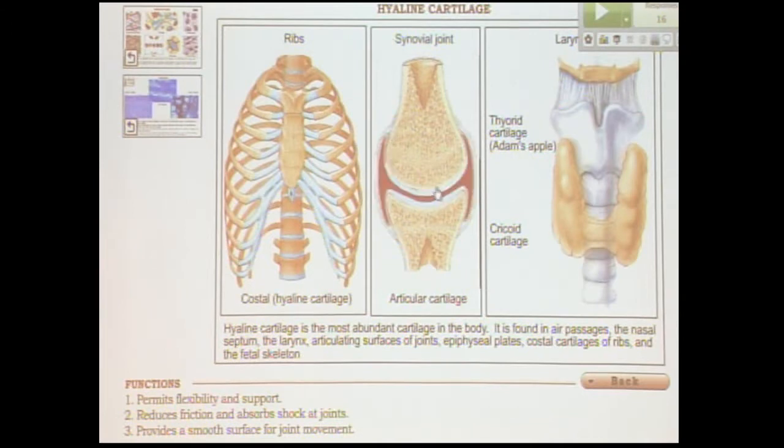So where those 2 bones meet, you can see in the blue is the cartilage, the hyaline cartilage. You don't want your bones banging against each other. So in arthritis, that's the cartilage you're losing.